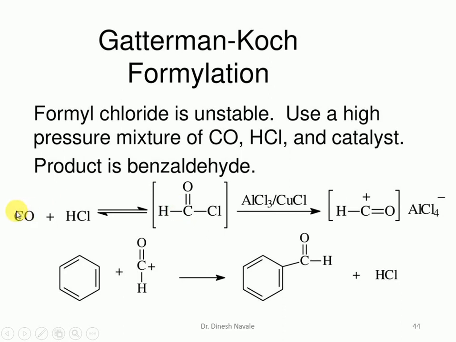In the first step, carbon monoxide and hydrogen chloride react to give formyl chloride, which on reaction with a catalyst like AlCl3 or cuprous chloride gives the formyl cation. That formyl cation reacts with the aromatic moiety like benzene or substituted benzene, and we get benzaldehyde or the formylated aromatic compound as the product.